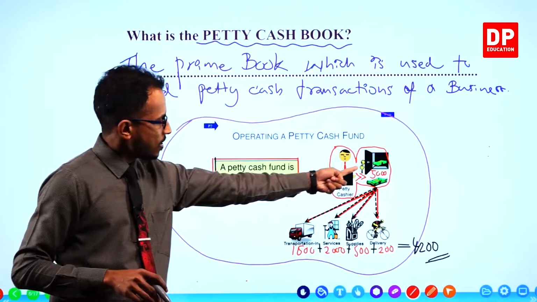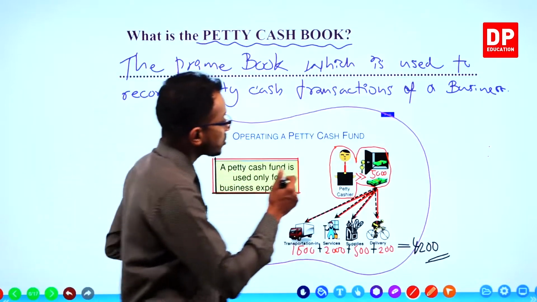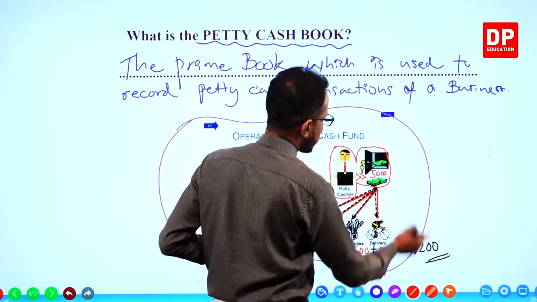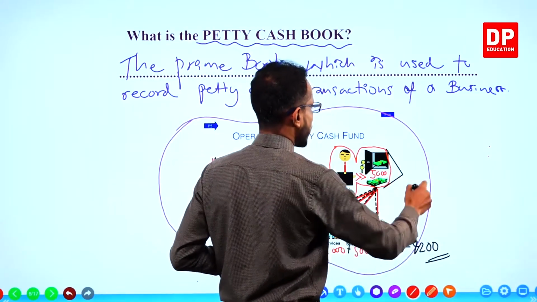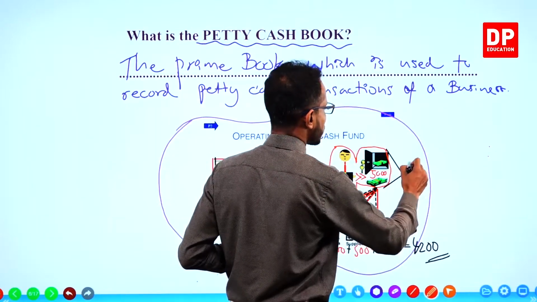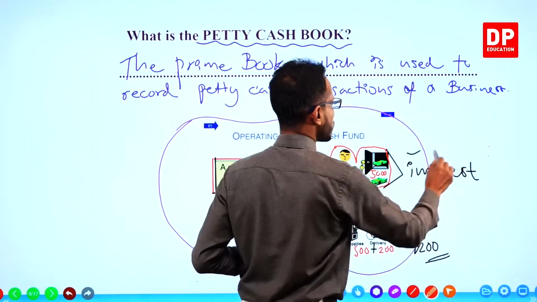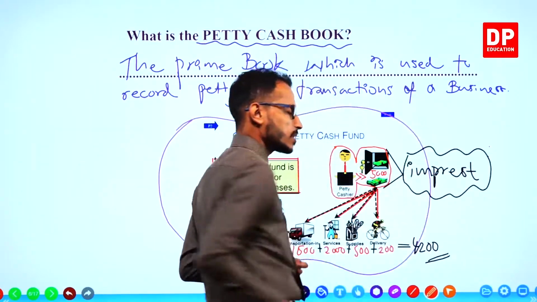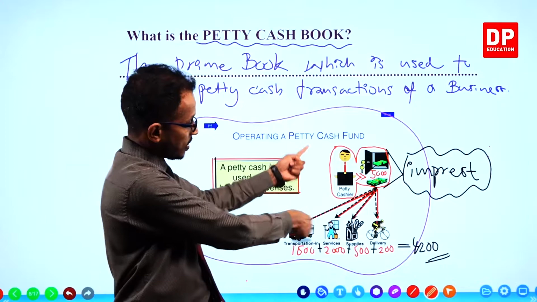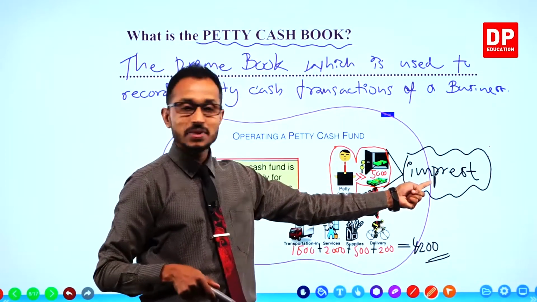This petty cash fund, children, is known as the imprest, the petty cash imprest. The fund which he keeps with him is known as the imprest, petty cash imprest.